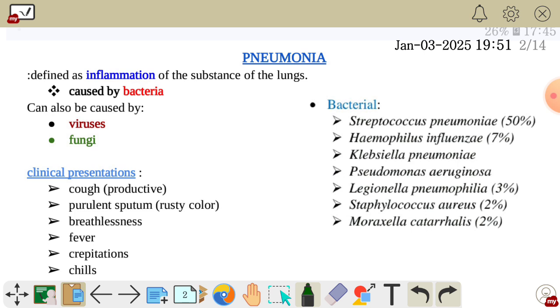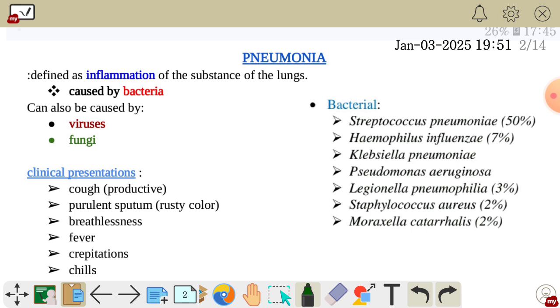But we have others such as Haemophilus influenzae, Klebsiella pneumoniae, Pseudomonas aeruginosa and Legionella pneumophila, and we also have Staphylococcus aureus and Moraxella catarrhalis. But 50%, remember, is caused by Streptococcus pneumoniae.